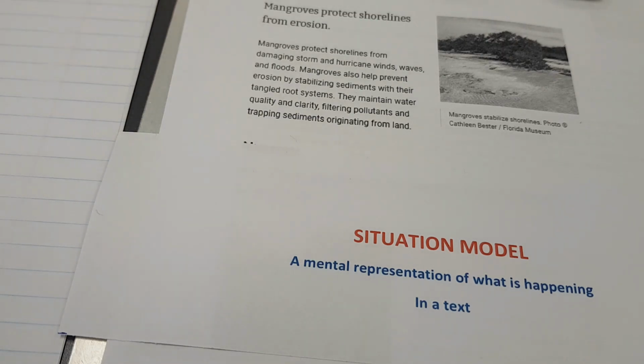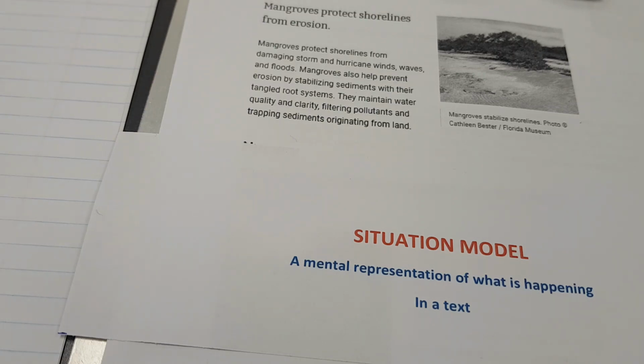But if I am not close to the mangrove and I were to see a passage about mangroves in a text or on a screen, I have to read the words, and I have to deconstruct those words and reconstruct them in my brain and picture what it is that the writer is talking about.